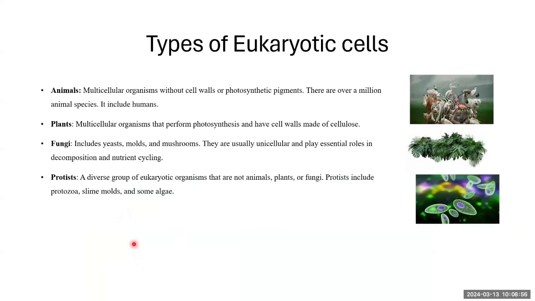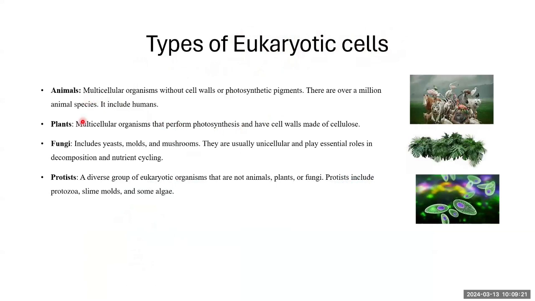Next we are going to talk about the different types of eukaryotic cells. What we have learned so far is that there are two basic broad classifications of cells on the basis of nucleus, which are prokaryotes and eukaryotes. Prokaryotes are mainly bacteria, and now we're going to talk about the types of organisms that contain eukaryotic cells.